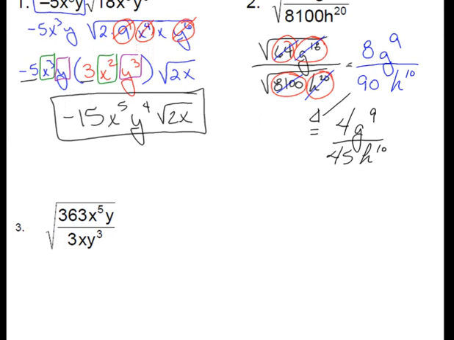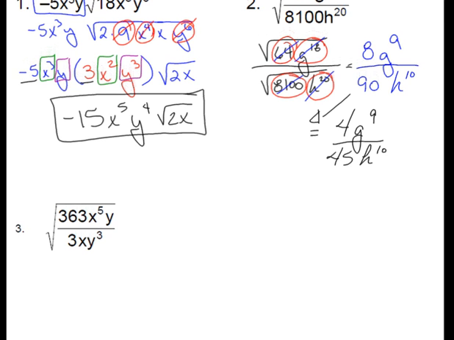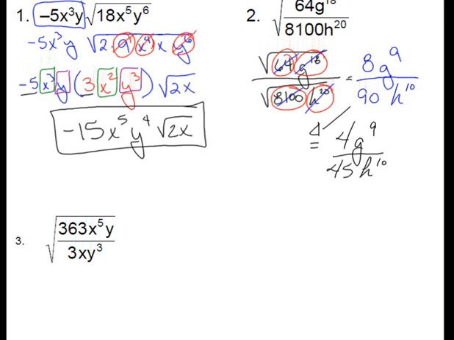In our next example here, we're not going to separate it out like we did in example 2. Let's simplify the stuff inside the radical first. So my radical is just going to be chilling there, and I'm going to say, hey, look, 3 goes into 363 evenly. So let's divide. 3 goes into 363, leaving 121.